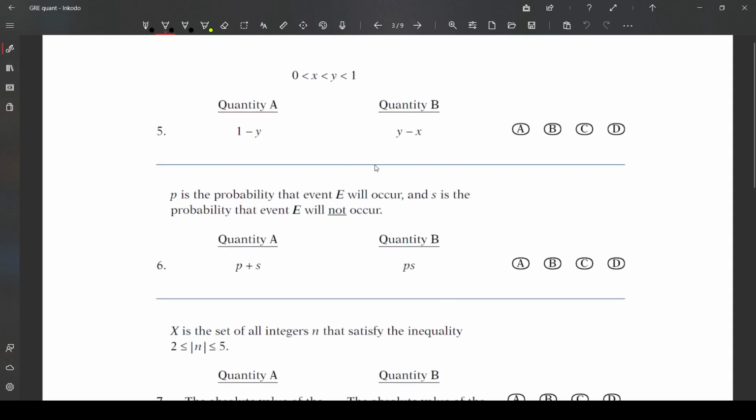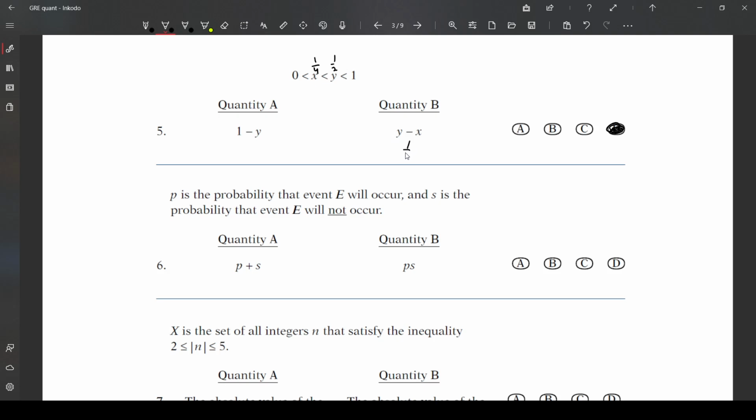Okay. All right, so we have x is less than y is less than 1. We're asked to compare 1 minus y and y minus x. I believe this can't be determined. For instance, you could pick 1/2 and 1/4.